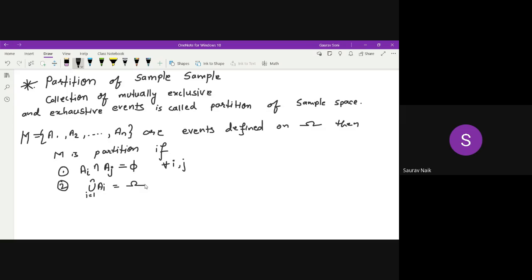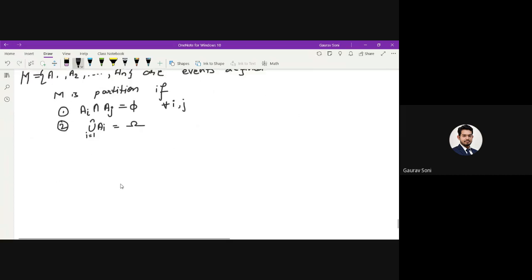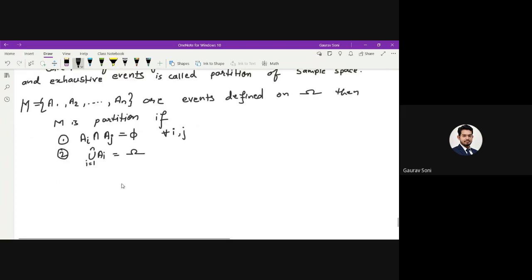Sir, what is the first condition? AI intersection AJ. Okay, I'll quickly mention it. Tomorrow I will introduce the Bayes theorem, we'll solve an example and we'll end this.